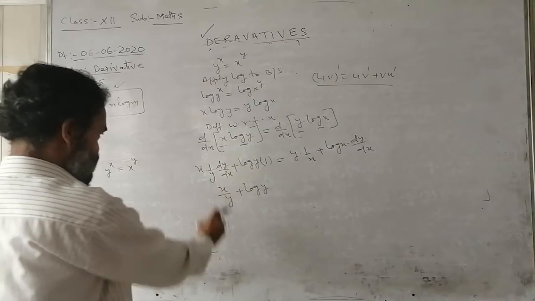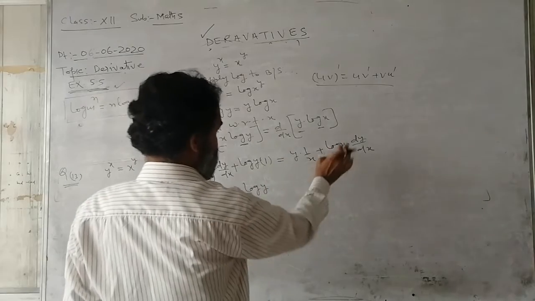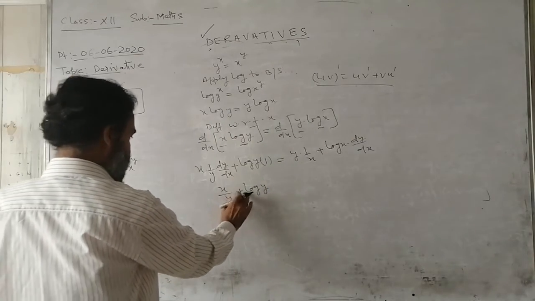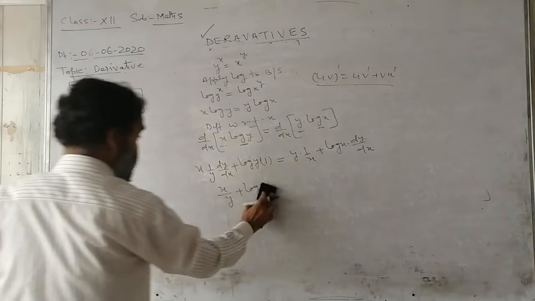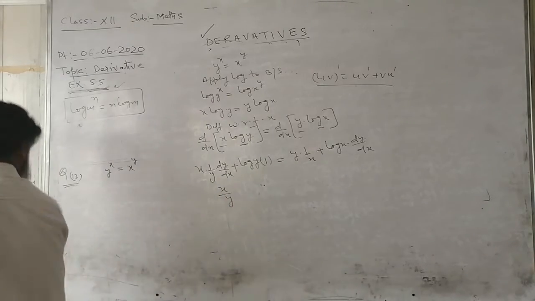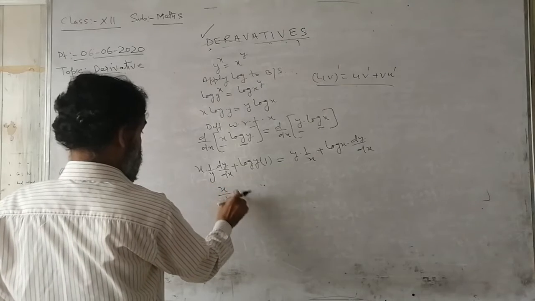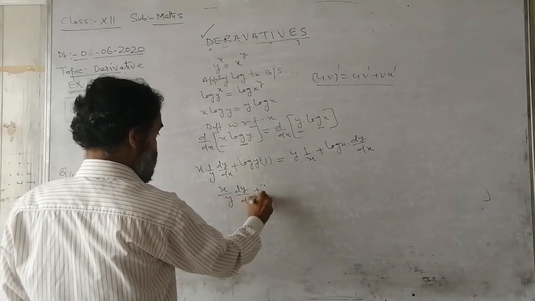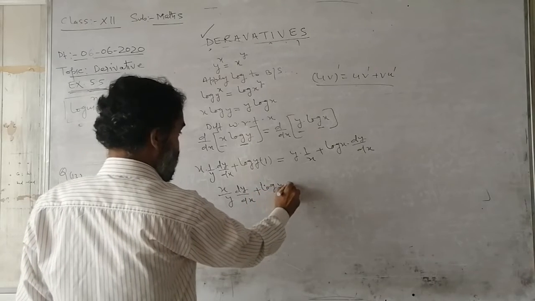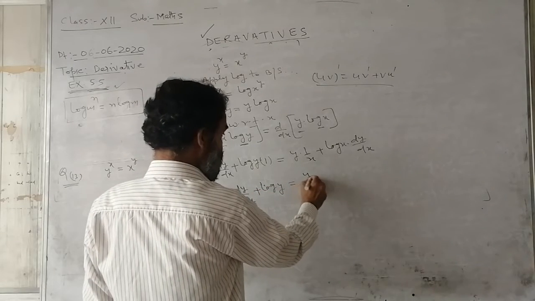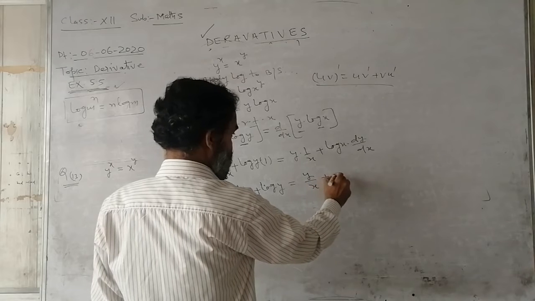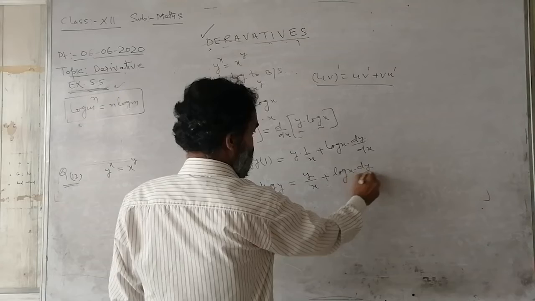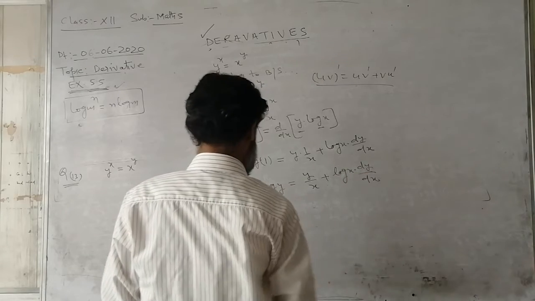This term is to be written and rest is okay. So this is x upon y dy upon dx plus log y, and this will equal y upon x plus log x into dy upon dx.